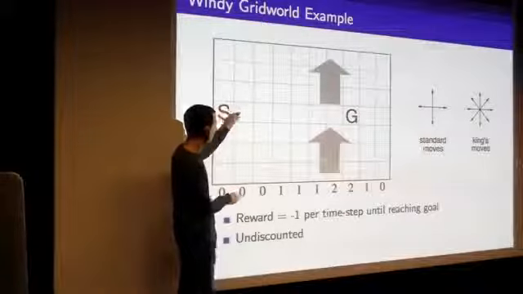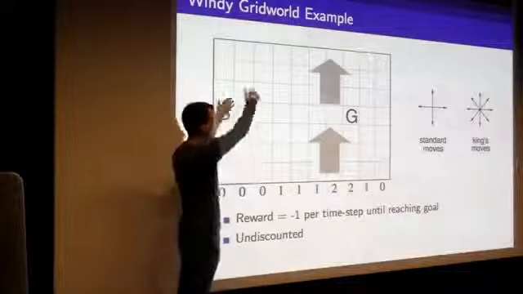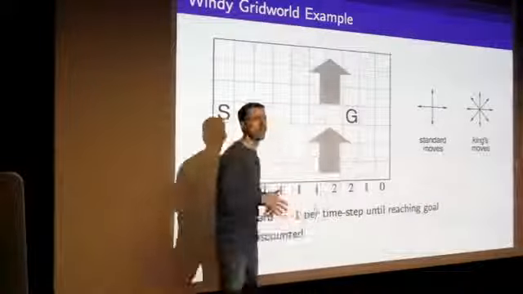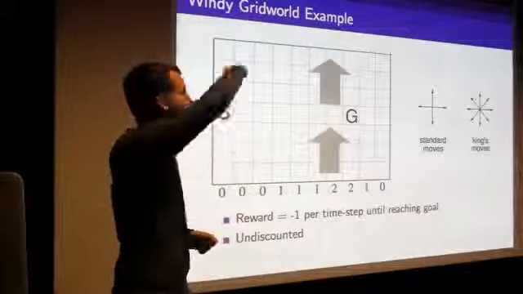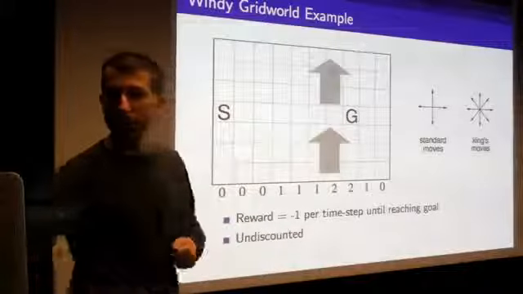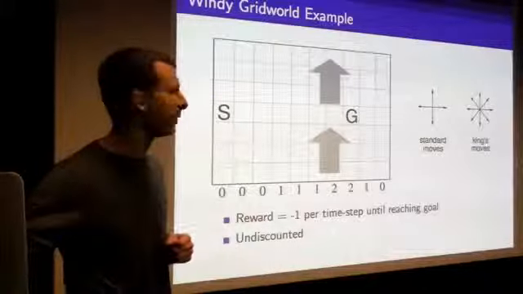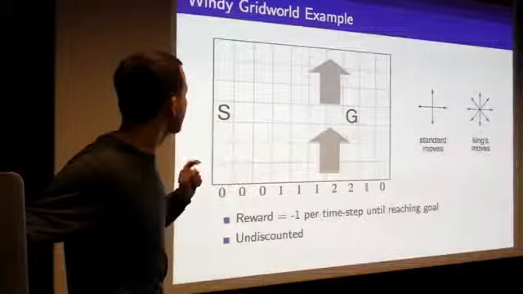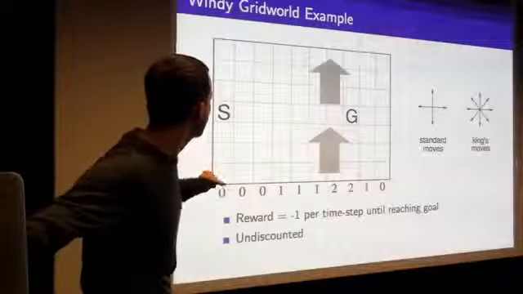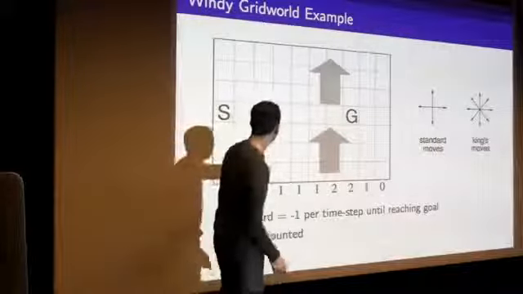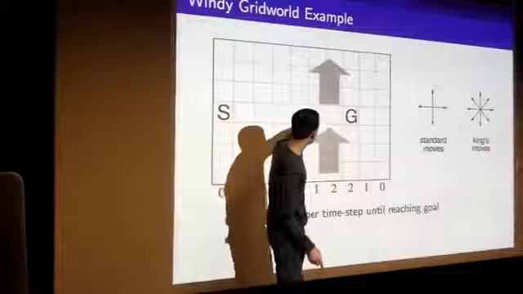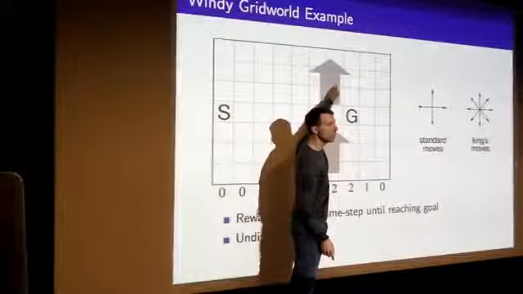So the optimal behavior has to take account of the fact that you want to make as much progress as you can when there's no wind, and I think you end up taking this route, we'll see on the next slide. You have to come back around to get back to the goal. Would you want to just go down and then be blown up to the goal? That's not optimal. If you try to go down, you end up being blown up 1, blown up 1 again, blown up 1 again, blown up 2, and you end up overshooting the goal.